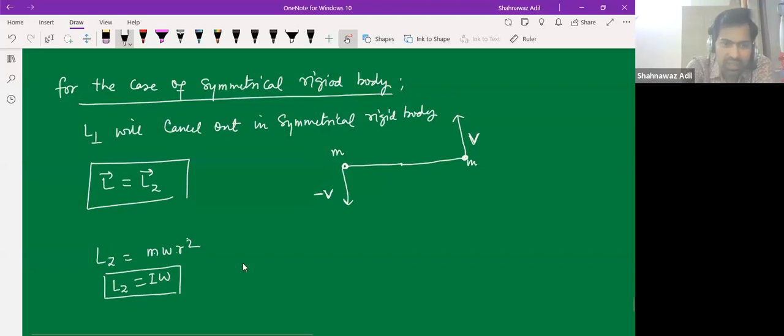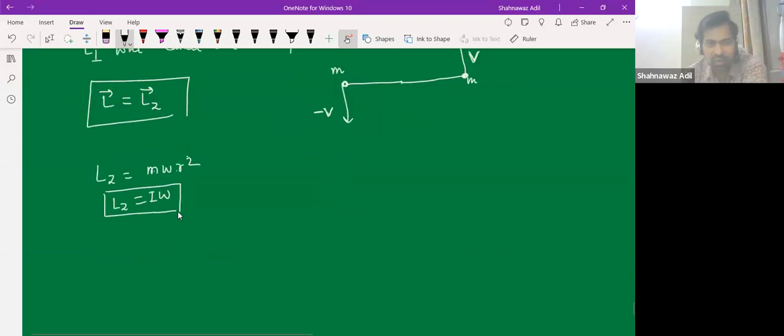This is the angular momentum for a fixed axis of rotation. You guys can also see from the rotational analog that linear momentum is mass into velocity.